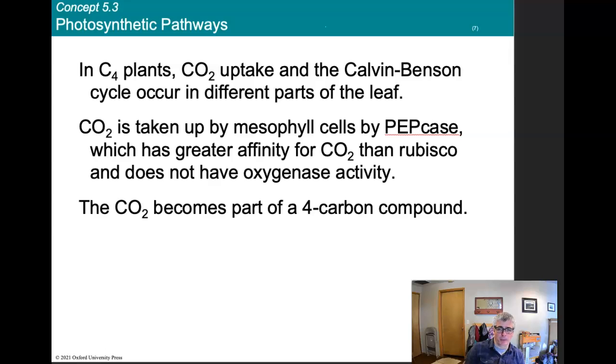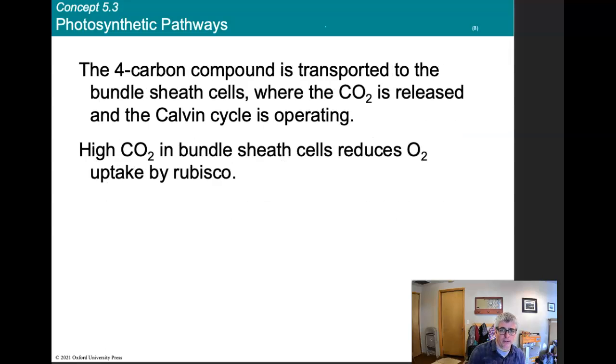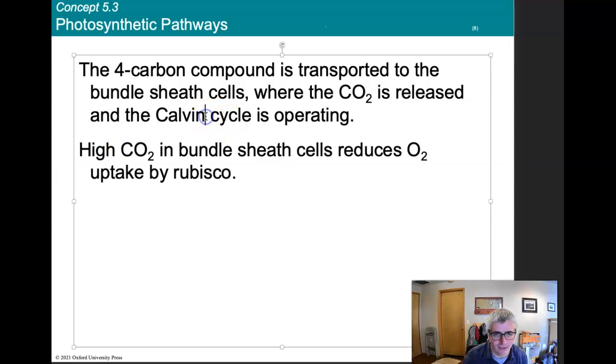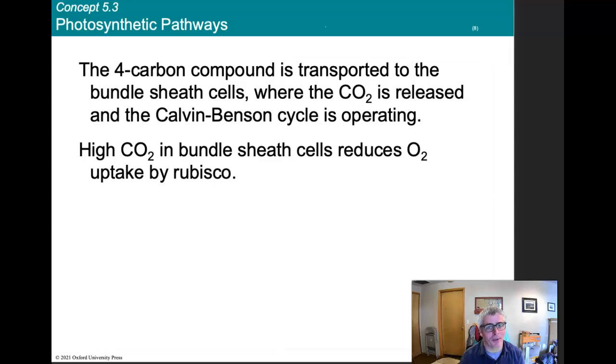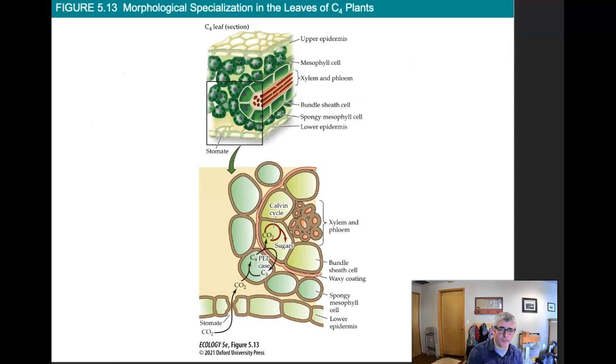The carbon dioxide becomes part of a 4-carbon compound, hence the C4. The 4-carbon compound is transported to the bundle sheath where carbon dioxide is released, and the Calvin-Benson cycle is operating. High carbon dioxide in the bundle sheath reduces oxygen uptake by Rubisco.